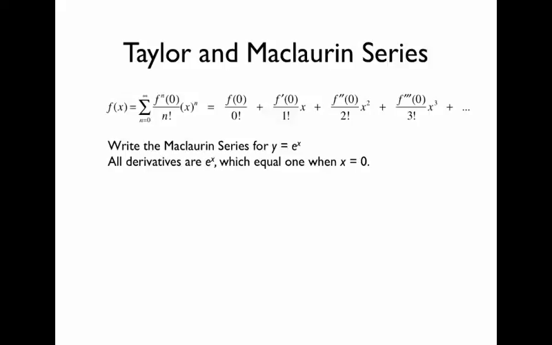The first term is going to be 1 plus 1 times x over 1 factorial, which is 1. So it's 1 over 1 times x. Then 1 over 2 times x squared. Just leave it as factorial, okay? Leave it as factorial.